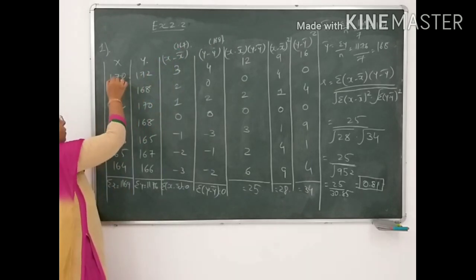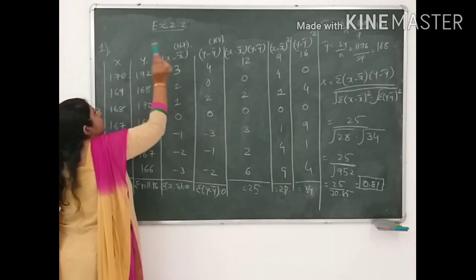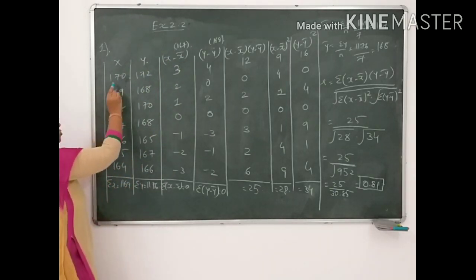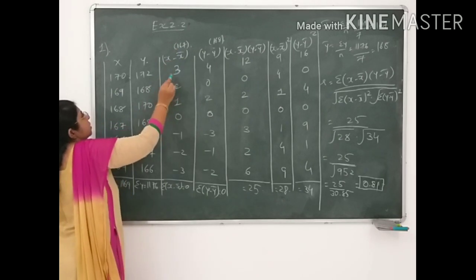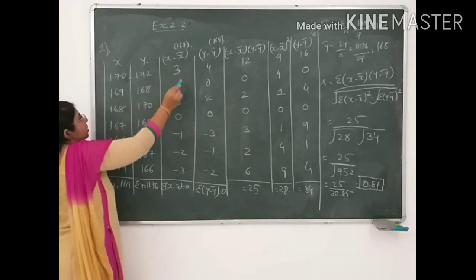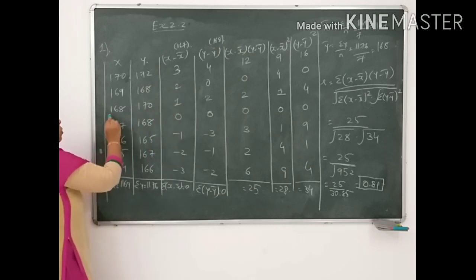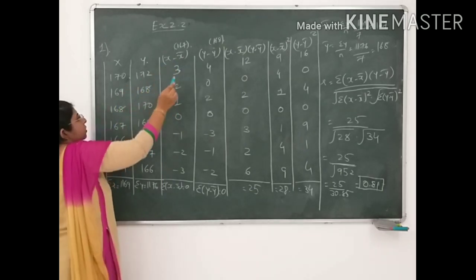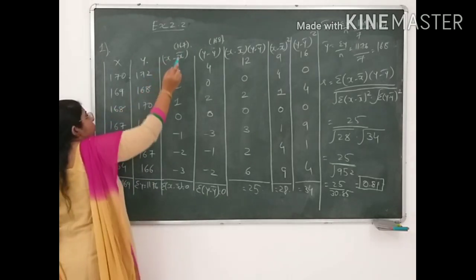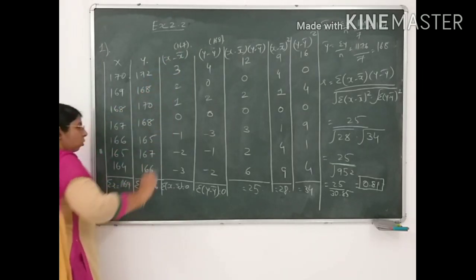Every time from the value of x, you have to subtract 167. See, first value of x given to you is 170. So 170 minus 167 would come to plus 3. 169 minus 167 would come to plus 2. 168 minus 167 would come to 1, and 167 minus 167 means it will come 0 over here.